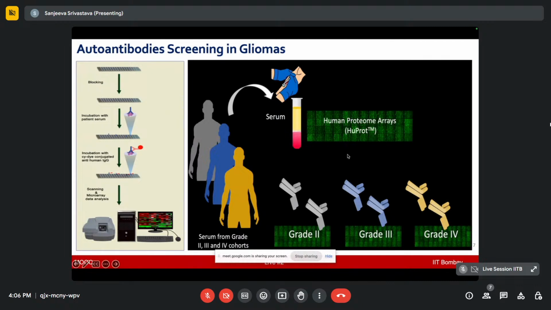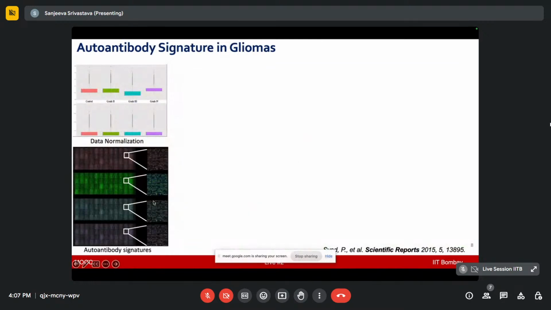In this particular study on glioma, we took grade 2, grade 3 and grade 4 patients and tried to screen for whether any pattern exists as you move from low grade to high grade. After looking at the entire data and doing a series of data processing and normalization steps, we found that in grade 2 there were very few autoantibodies.